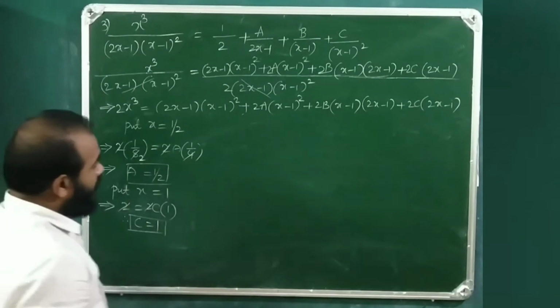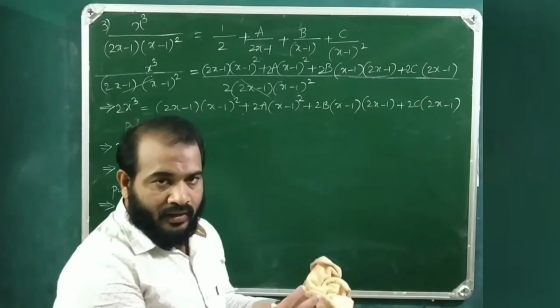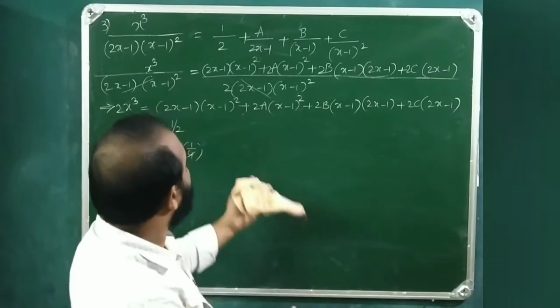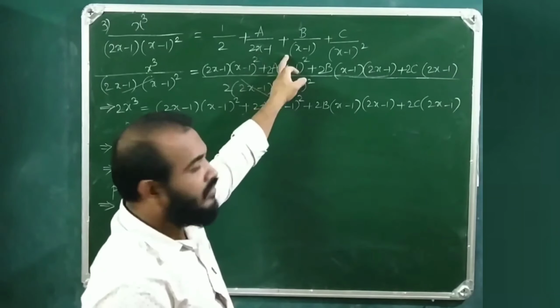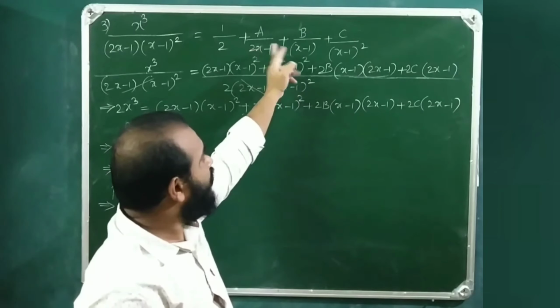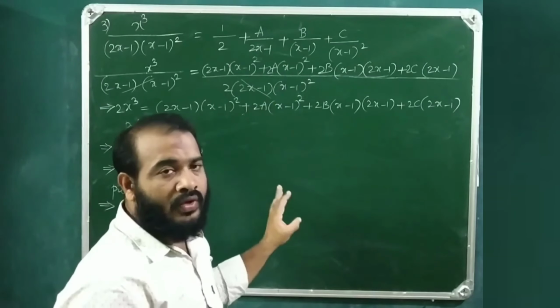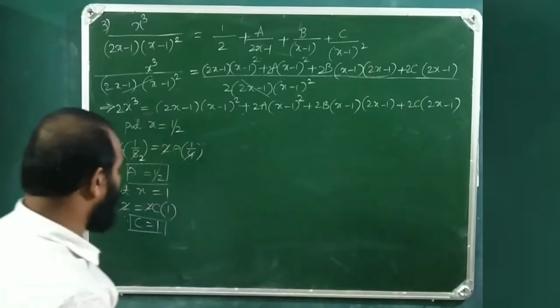Now, we are not left with any root because there are only two roots here. Therefore, we have used x equals half and x equals 1. So all that we need to do is compare coefficients on both the sides.